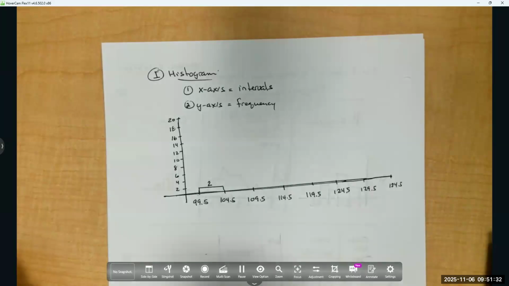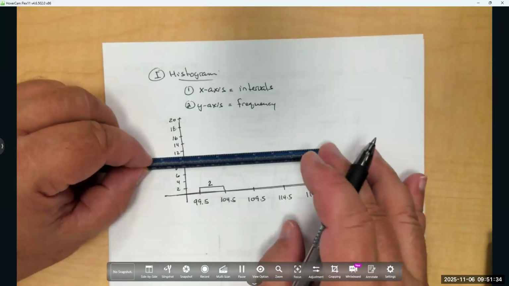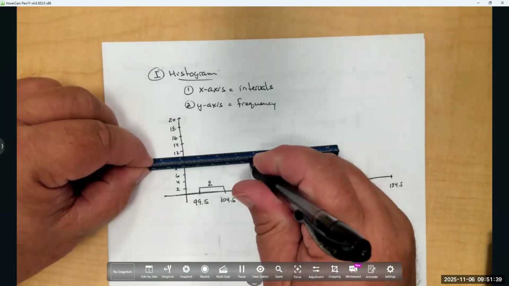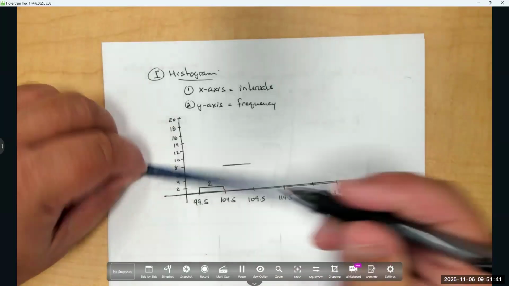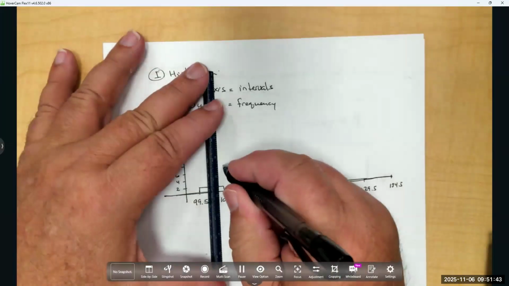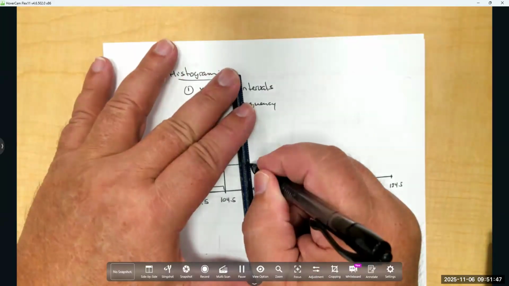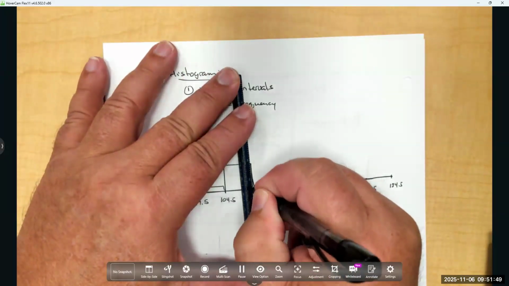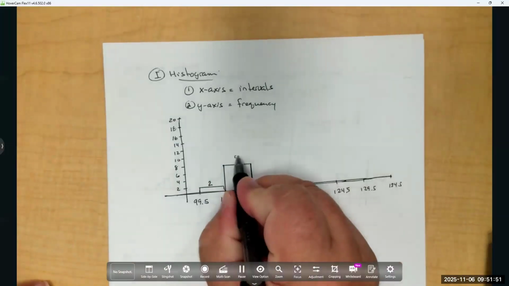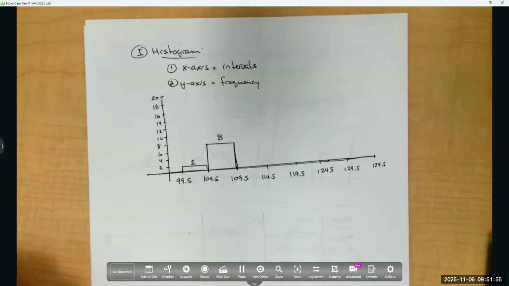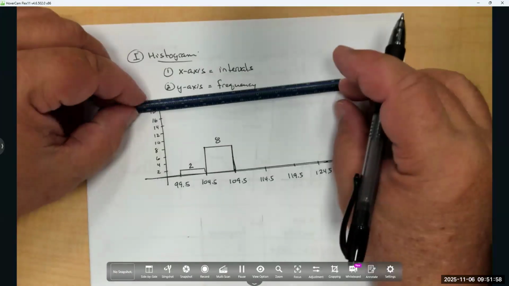The next one is at 8. And keep on going. So the next one was 18.